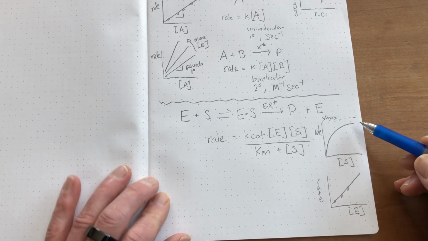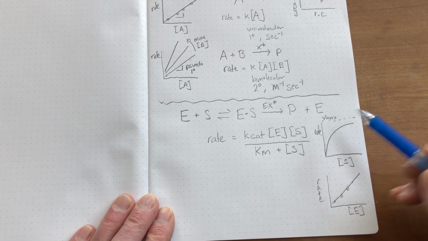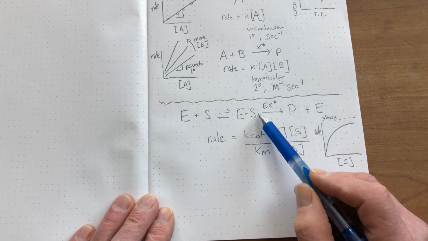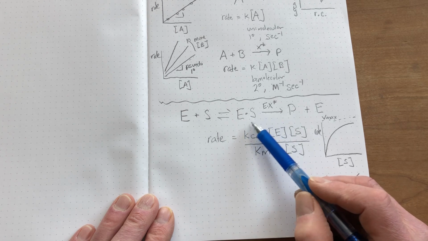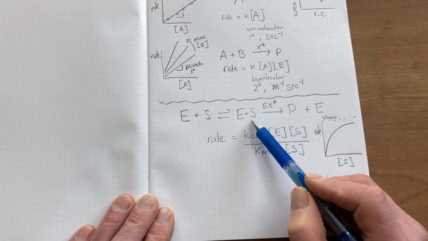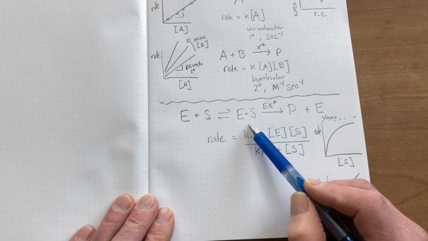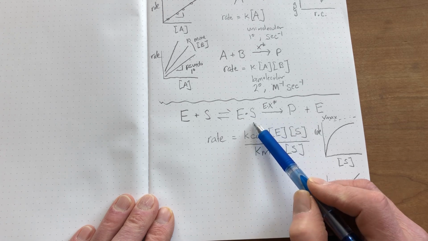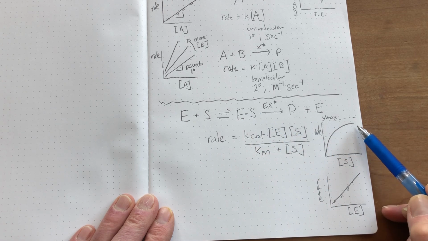This idea of saturation is embodied here. There's a limiting number of active sites where the chemistry can happen, and once we've saturated all of the enzyme active sites with substrate, now we cannot go any faster.